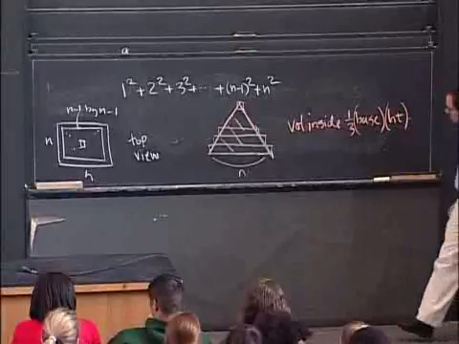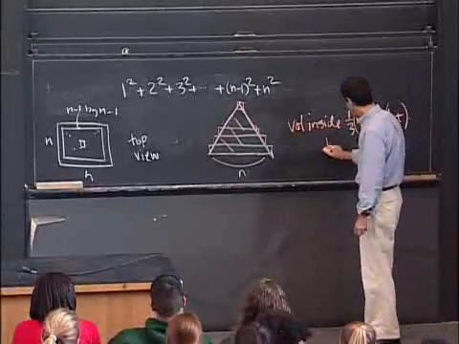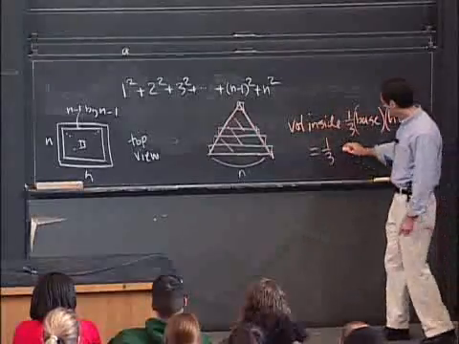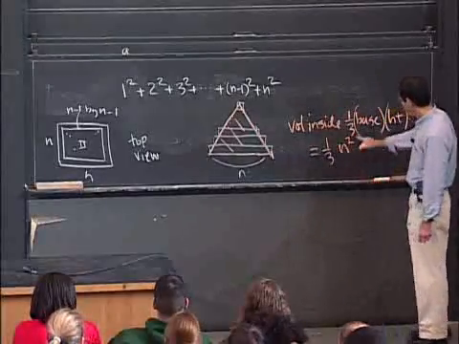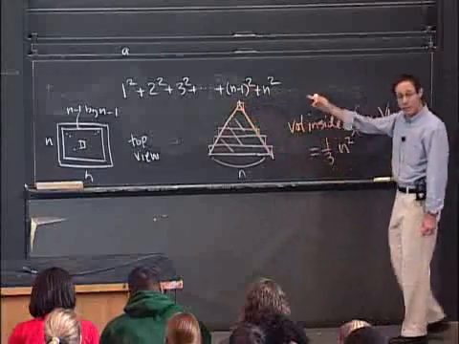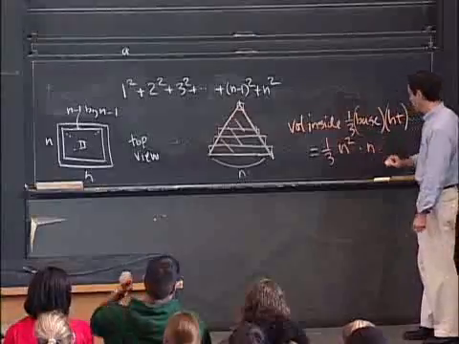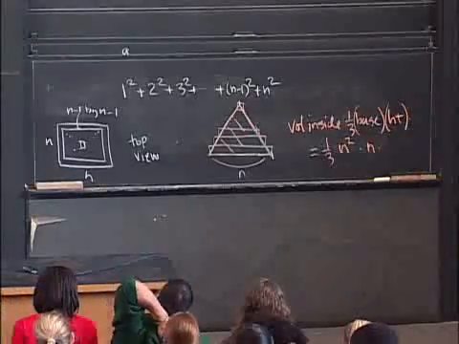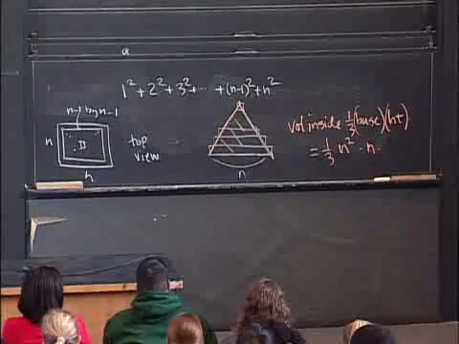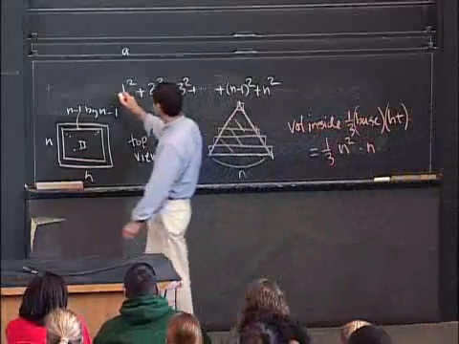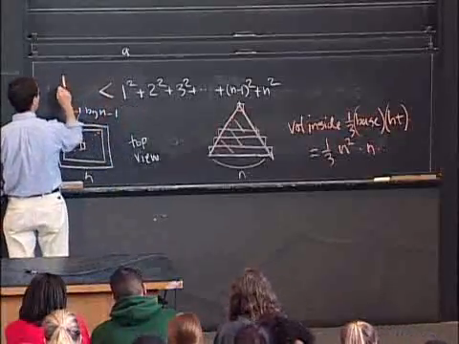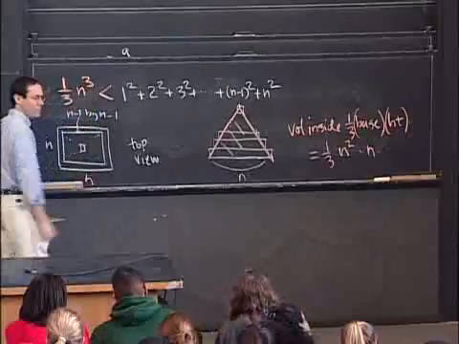And in that case, that's 1/3, and the base is n by n, right? So the base is n squared. That's the base. And the height, it goes all the way to the top point. So the height is n. And what we've discovered here is that this whole sum is bigger than 1/3 n cubed.